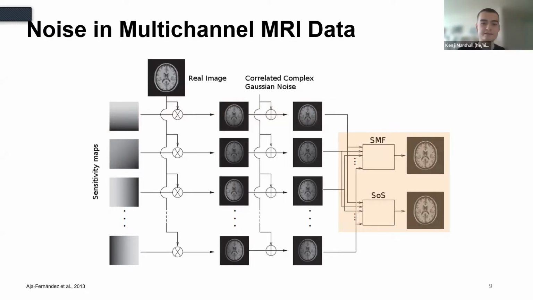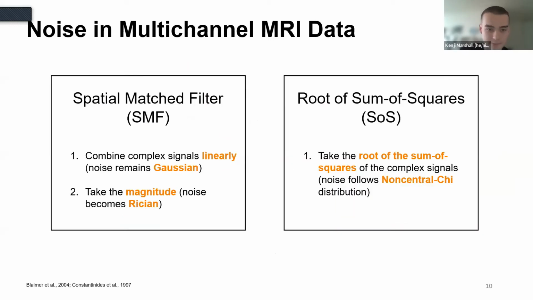And in both cases, the complex signals undergo some sort of nonlinear transformation to get the final magnitude image, and the noise distribution is transformed from being Gaussian to something else. Specifically, in the spatial matched filter approach, initially the complex signals are combined linearly, and at this point the noise remains Gaussian. But then we take the magnitude of this combination, and magnitude is a nonlinear operation.